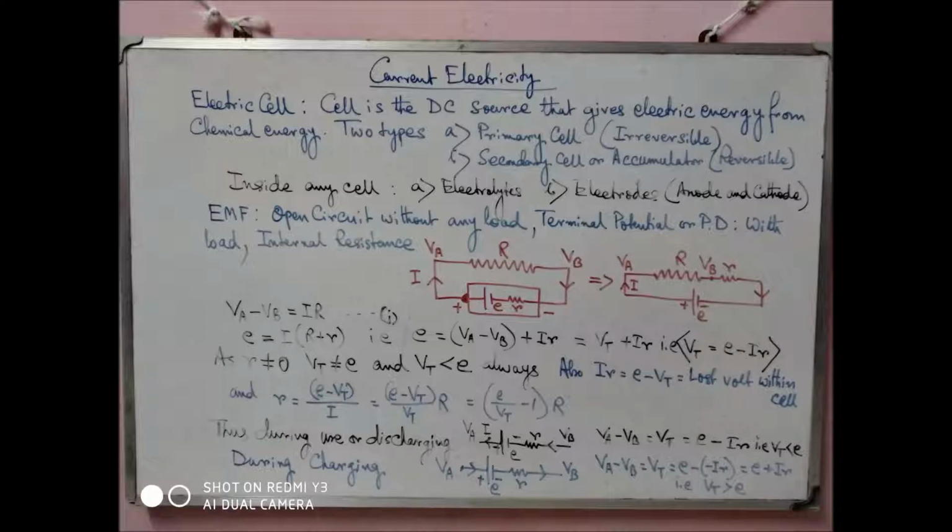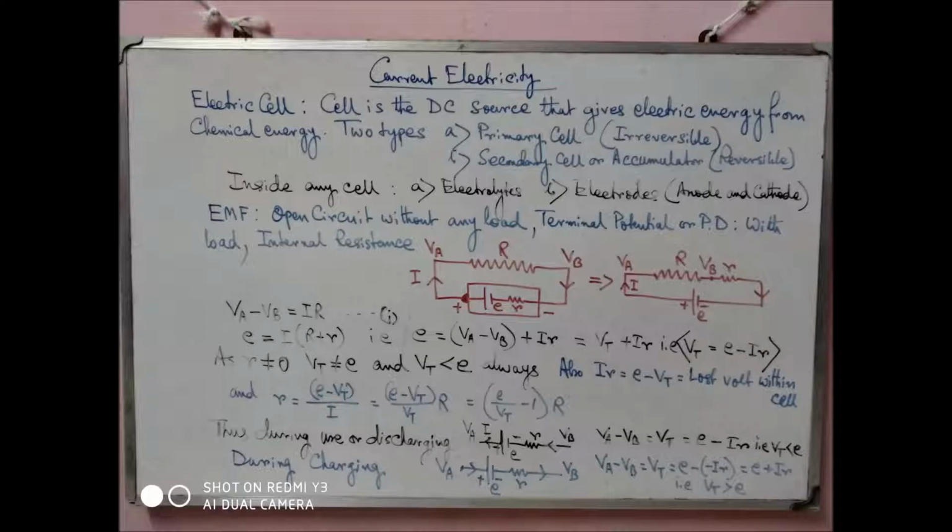Now, what is the direction of electron? The direction of electron in the external circuit means what? That is outside the cell. The direction of electron in the external circuit is from cathode to anode, and current direction is from anode to cathode.